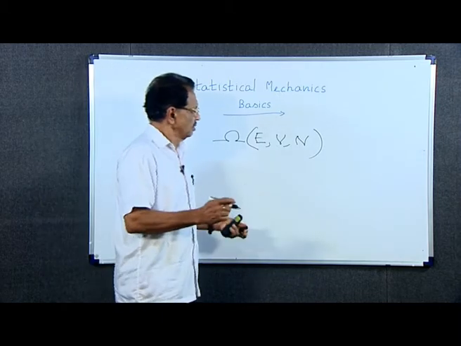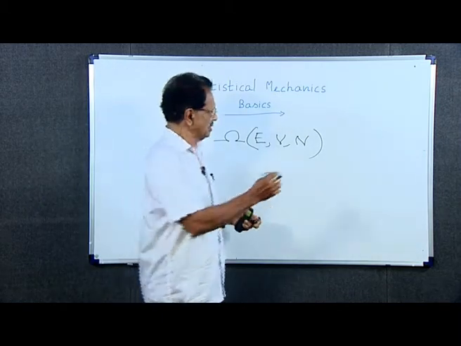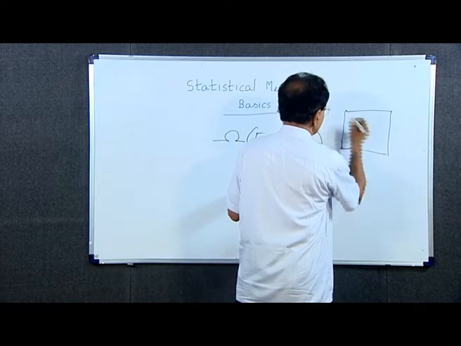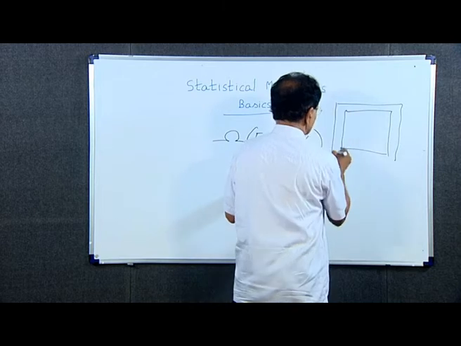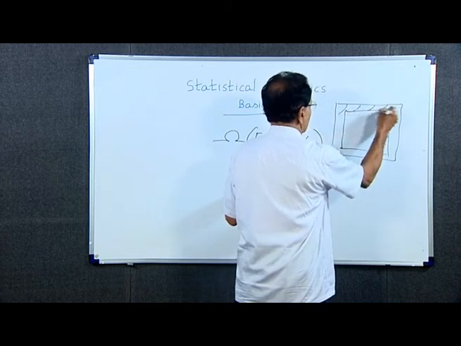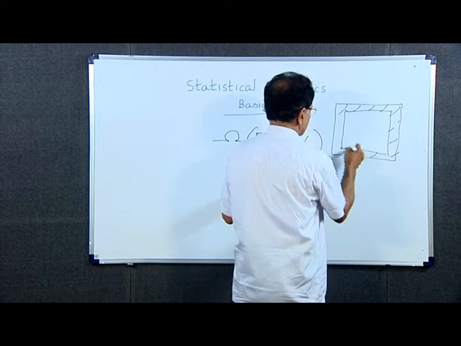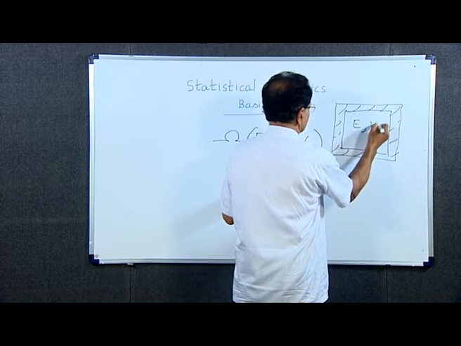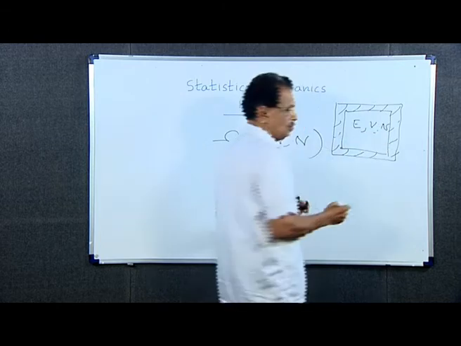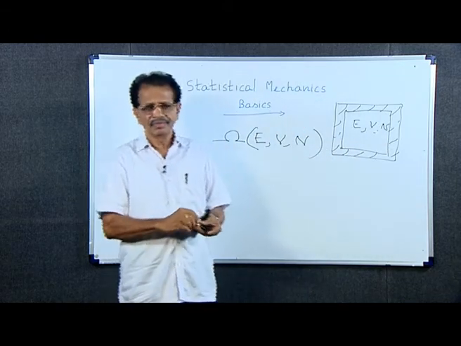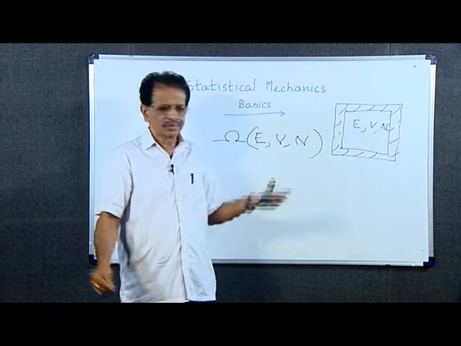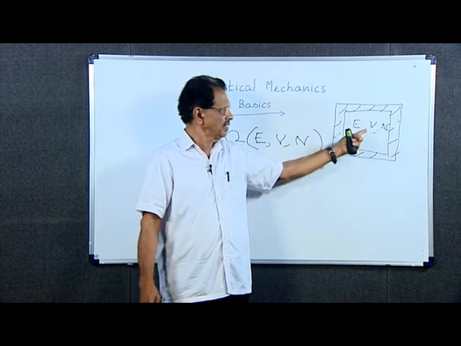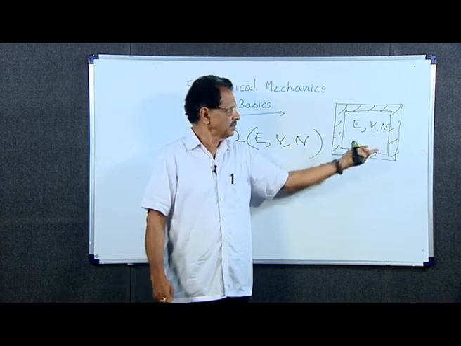So, to begin with, what type of system will we deal with? We will consider an isolated system, a totally isolated system. As you all know, for an isolated system no interaction is allowed, so the energy is constant, and we have prescribed the volume as V and the number of particles N. These are all specified.